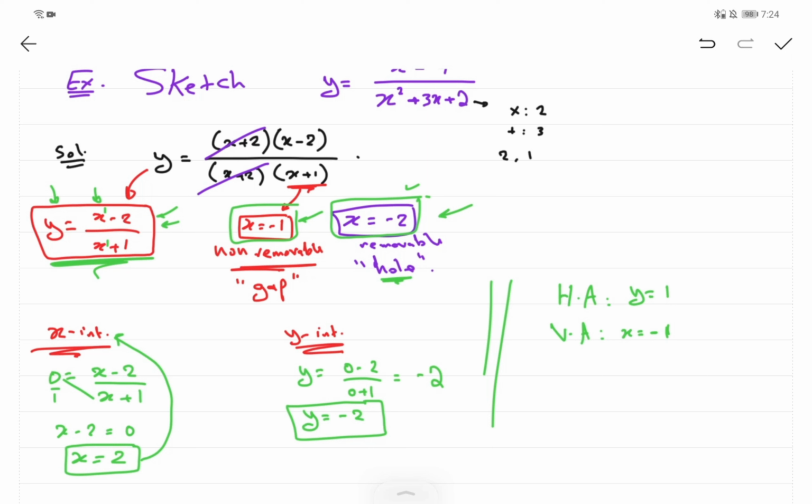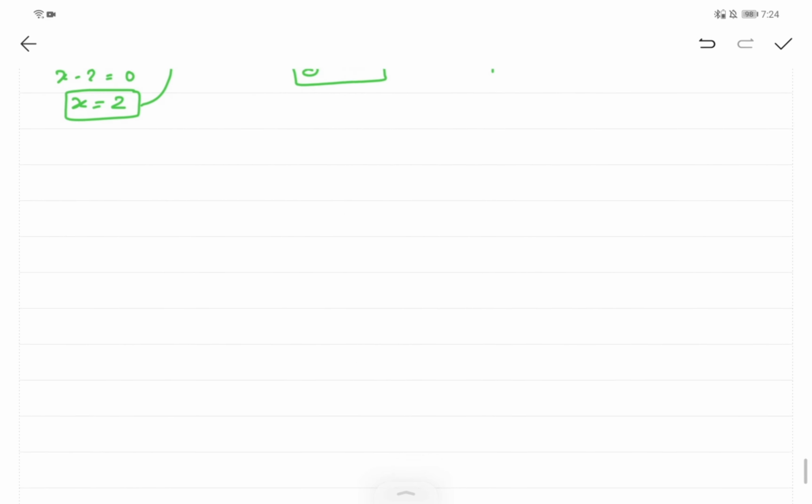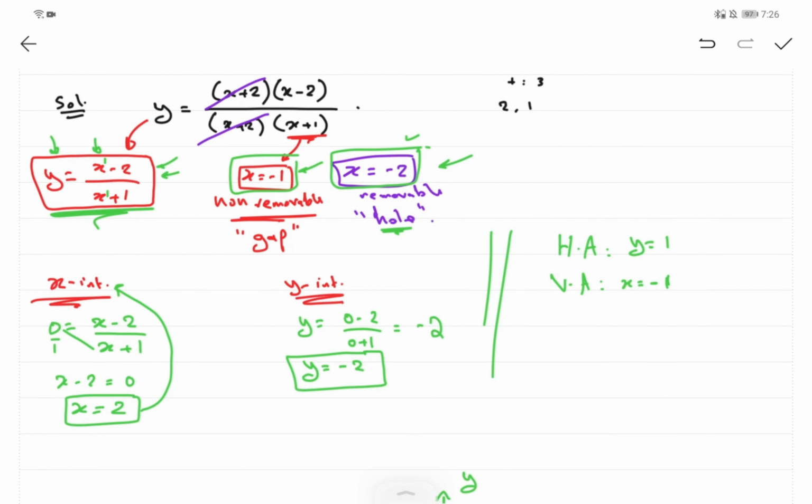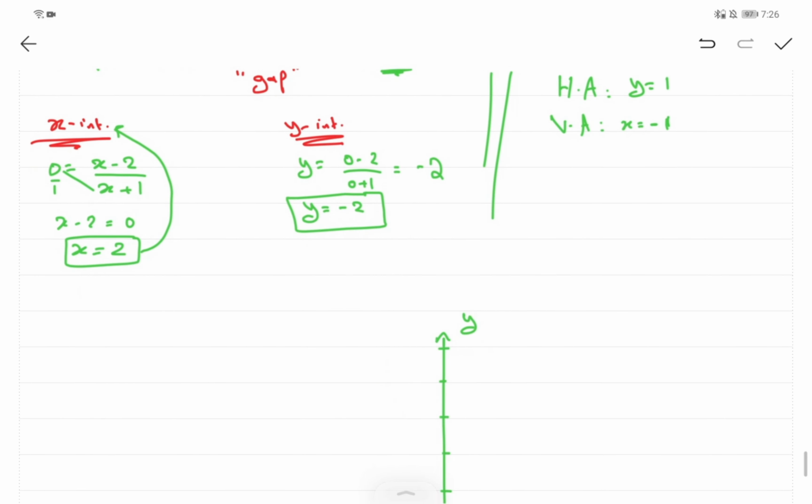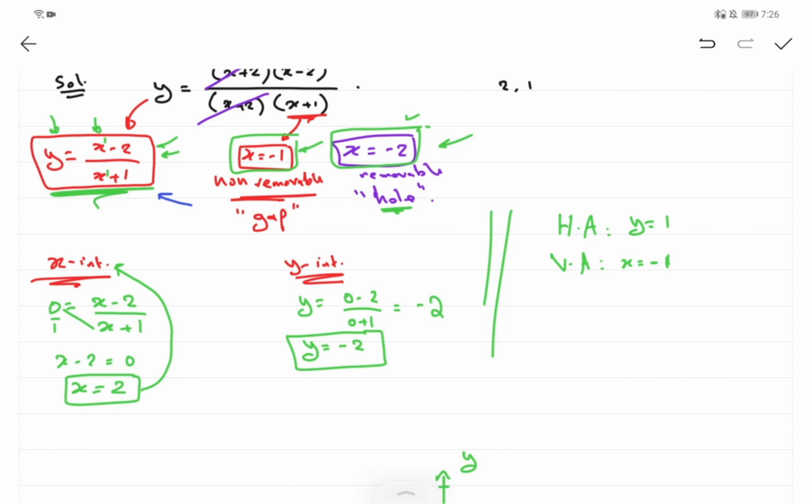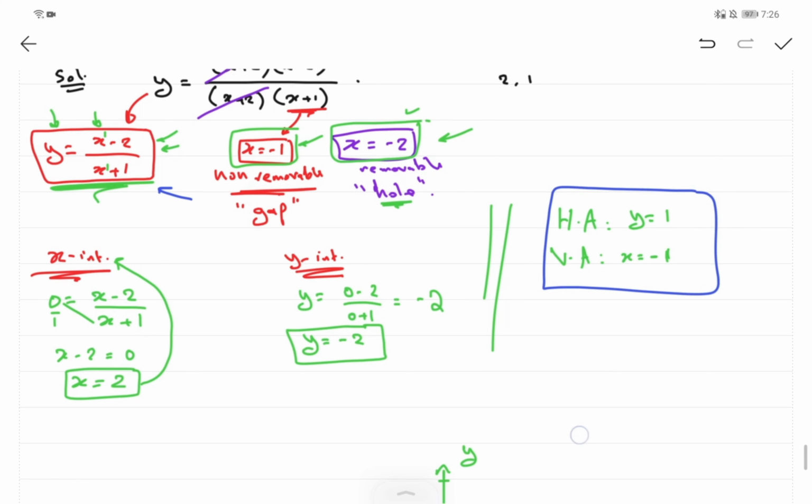So now we are ready to graph, or sketch, the function y. Okay guys, let's graph this one. Now we have the x-intercept, y-intercept, the horizontal asymptote, and the vertical asymptote. Let's start by drawing the horizontal asymptote and the vertical asymptote.